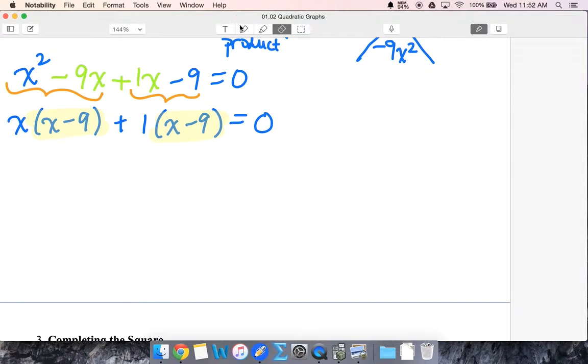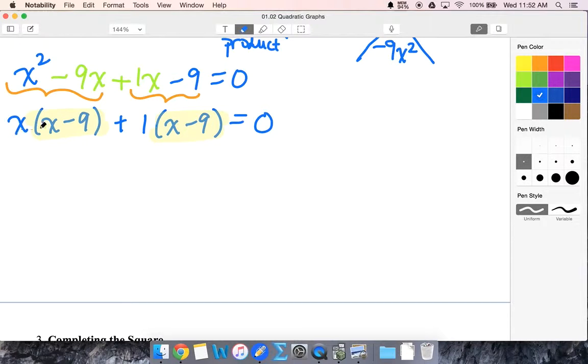Well, x times x minus 9 plus 1 times x minus 9. If I factor out the x minus 9 and I'm trying to make the same equation, I would have to multiply x minus 9 times an x, and then x minus 9 times a positive 1. And there I have created factored form.